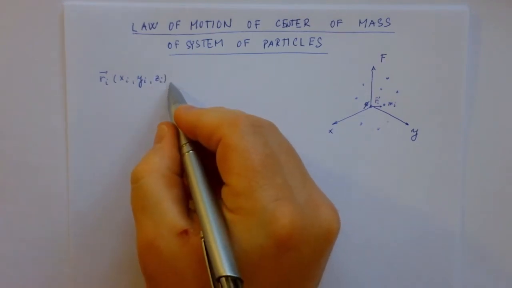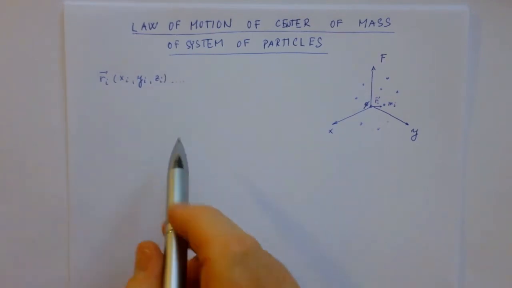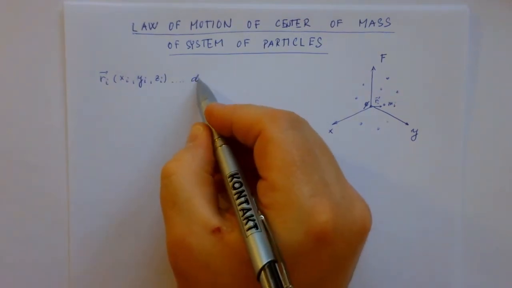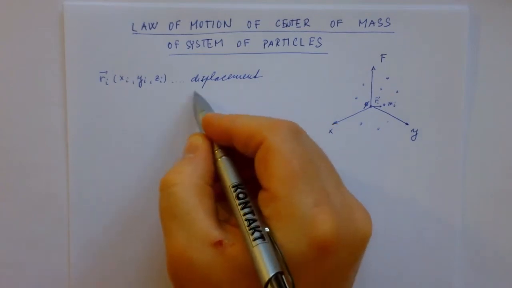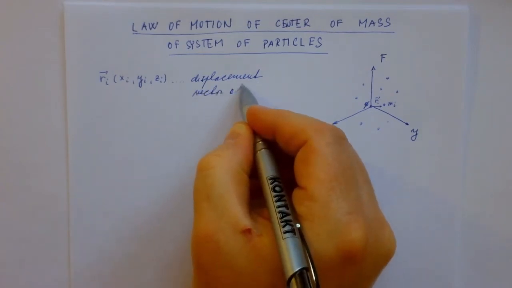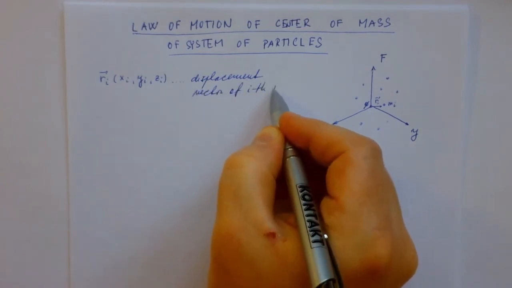So this is a displacement vector, as we already said. Displacement vector of ith particle.